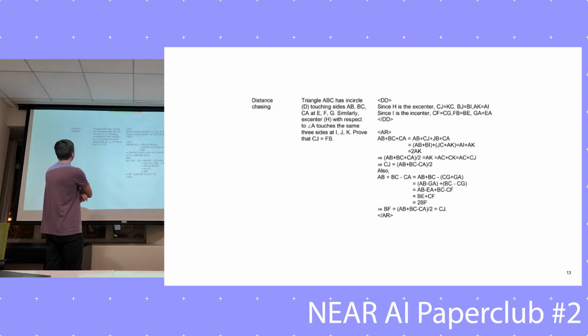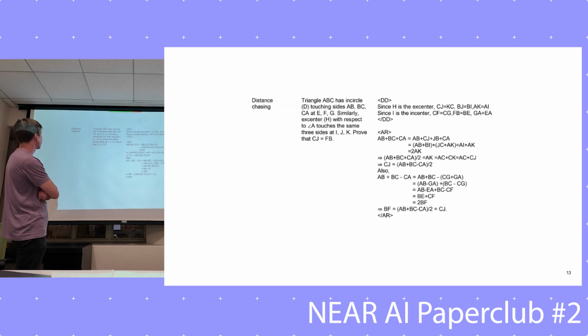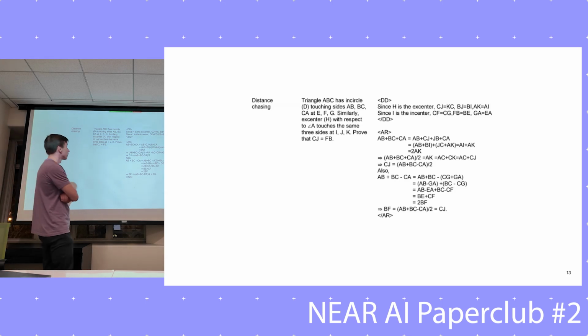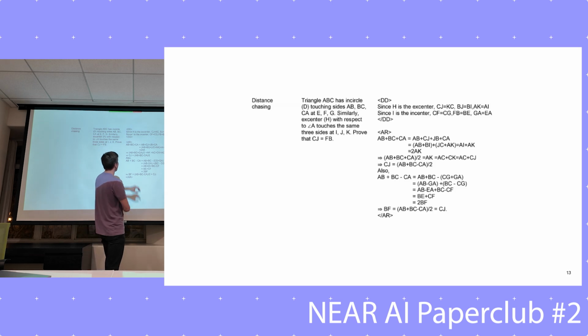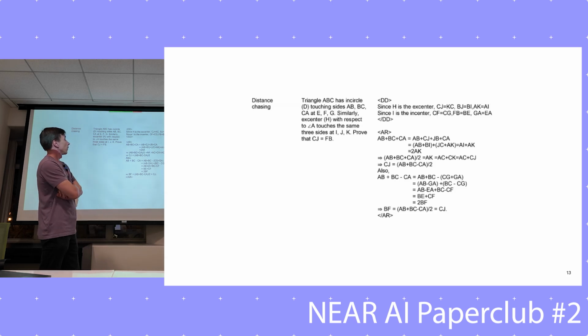So in this case, they have three examples at the end of the paper. Here I have one of them, where they say consider the problem. The problem is on the left, and then they show the approach to solving it. They first invoke DD, the deductive database. They say, hey, because we know that H is the X center, they get three derivations. And then they say, because I is the in center, they get another three derivations.